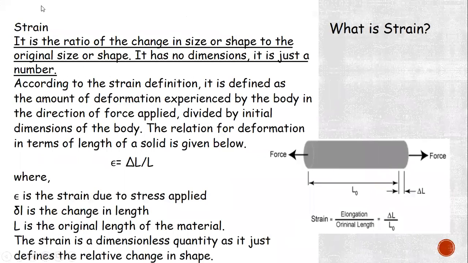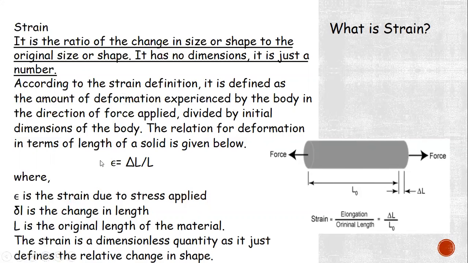Now, what is strain? It is the ratio of the change in length or shape to the original size and shape. It has no dimension, it is just a number. You can see that it is a ratio of two similar quantities, which shows this is a number. It is defined as the amount of deformation experienced by the body in the direction of applied force, divided by the initial dimension of the body.